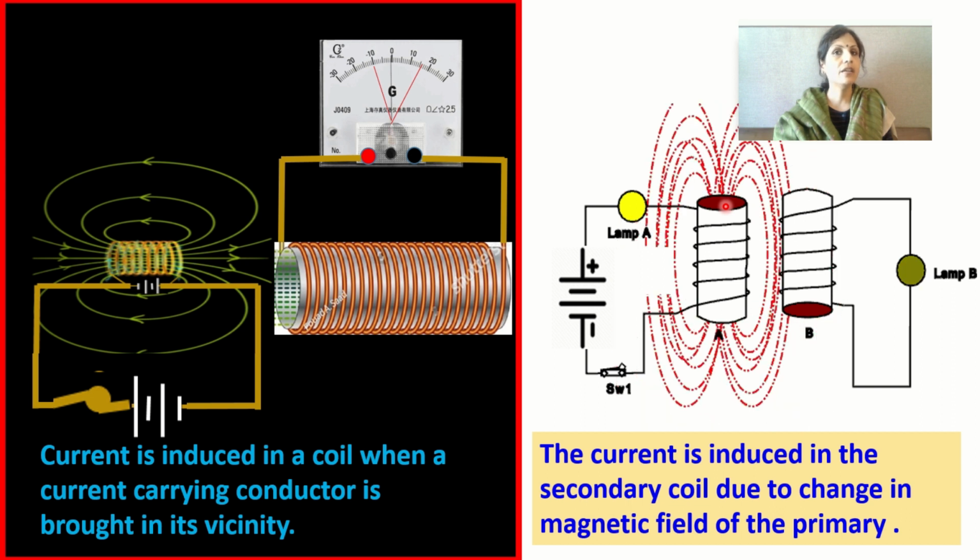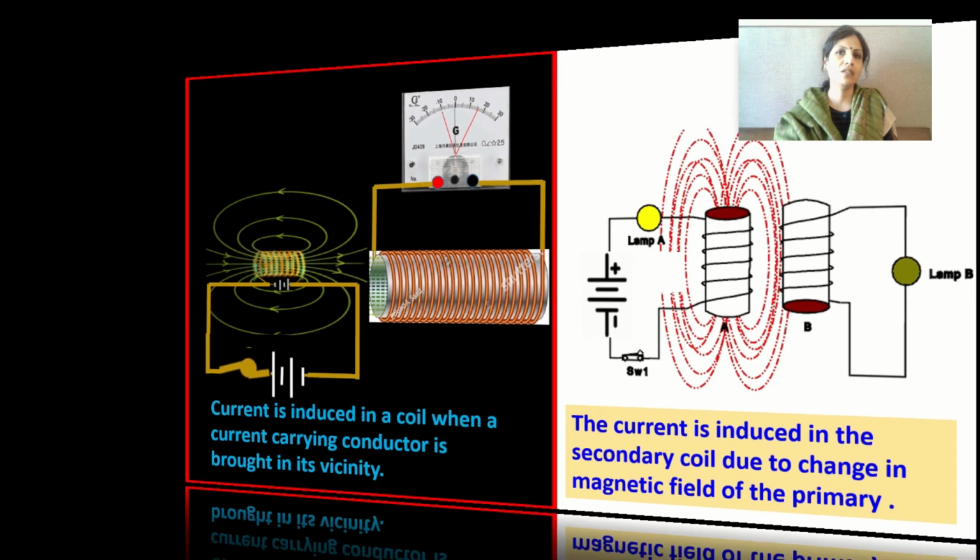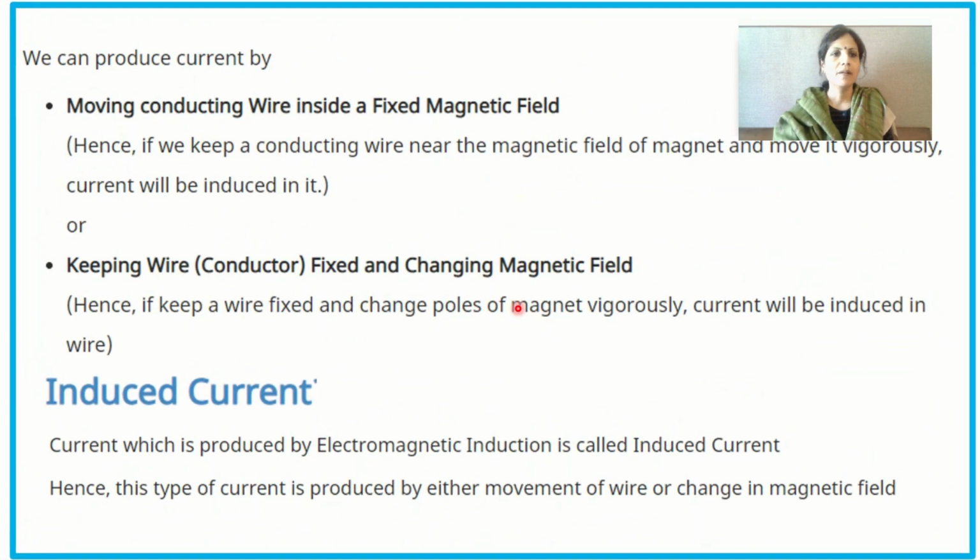Since we have made use of two coils here, we will call the current carrying coil the primary coil, and the coil which is placed just adjacent to this primary coil, we will call the secondary coil. Alright, so we have learned that there are two ways in which we can generate electric current, that is moving the conducting wire inside the fixed magnetic field.